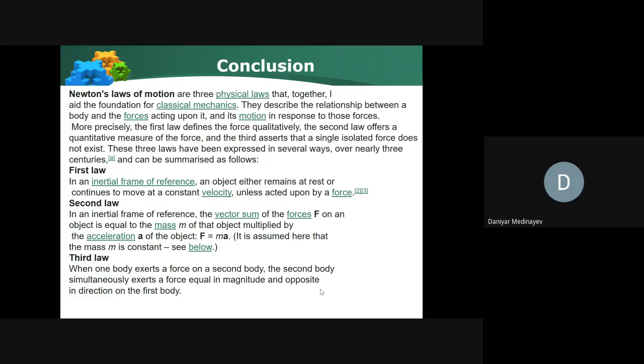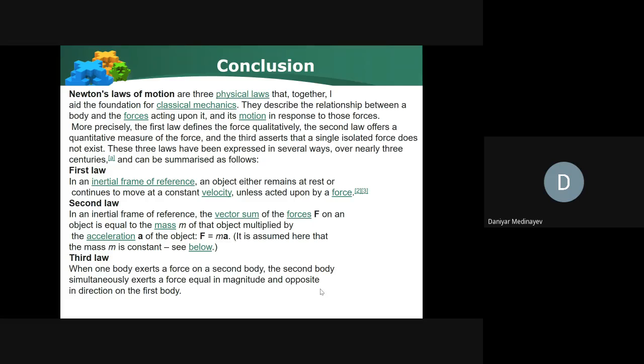These three laws have been expressed in several ways over nearly three centuries and can be summarized as follows. The first law is, in an inertial frame of reference, an object either remains at rest or continues to move at a constant velocity, unless acted upon by a force.